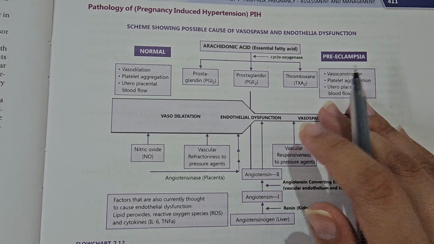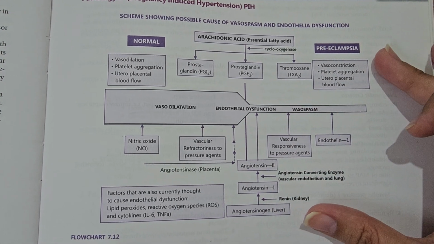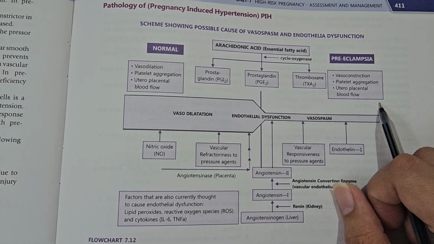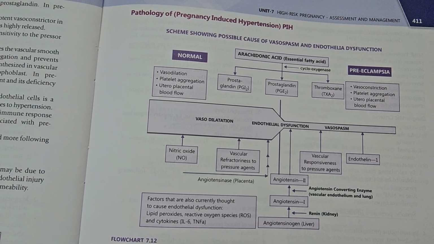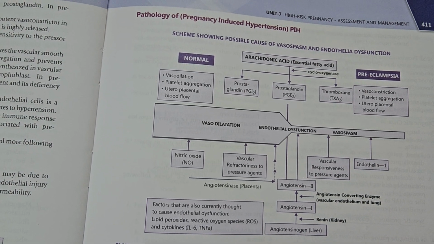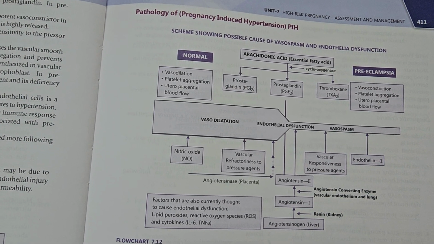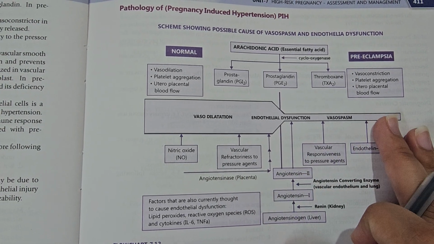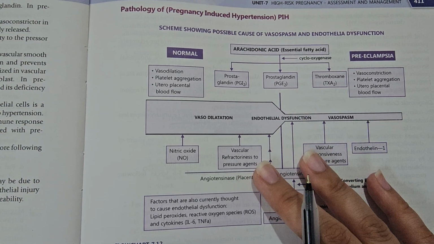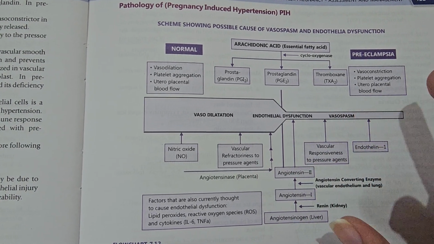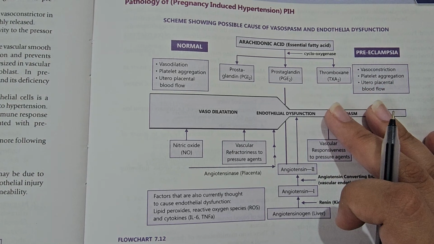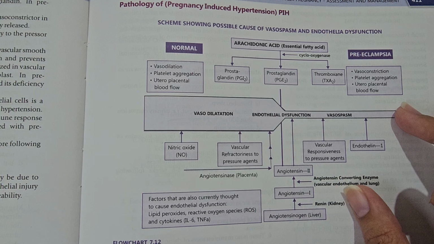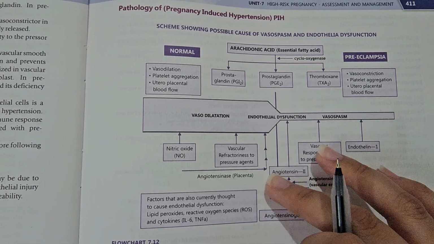So this is the etiopathophysiology in preeclampsia. So mainly what happens? Abnormal development of placenta, which leads to what? It leads to abnormal spiral arteries. We have discussed that when the placenta develops and after that the spiral artery develops, that is essential for uteroplacental circulation, in between the uterus and placenta.